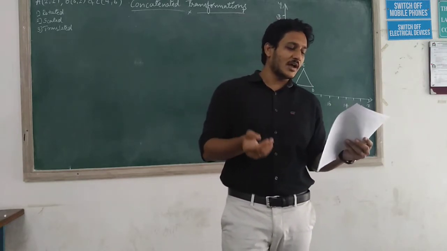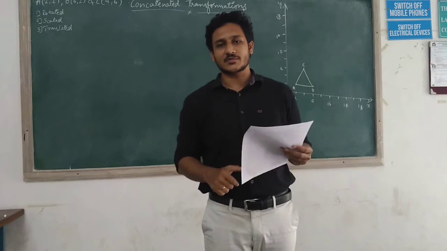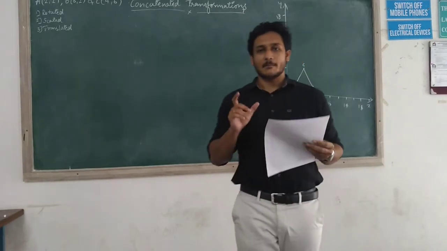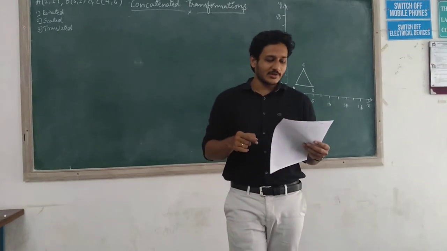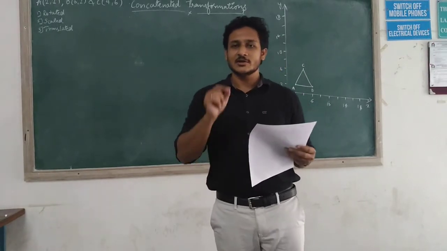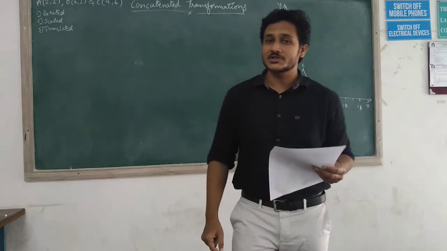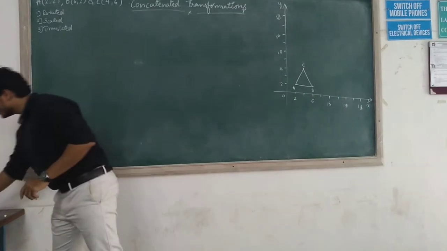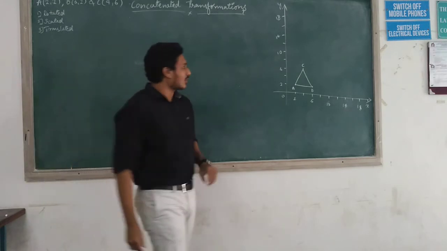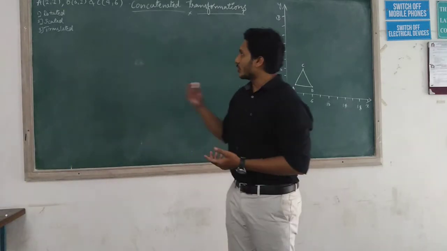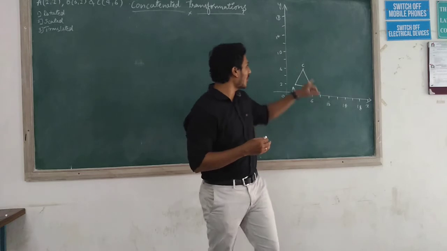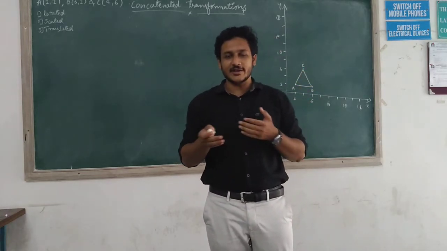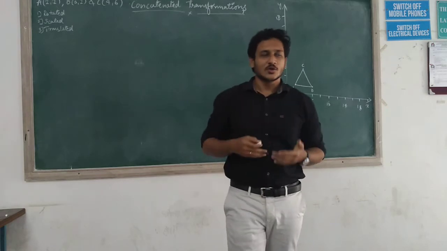After that, we are asked to find the composite transformation matrix, or the concatenated transformation matrix, along with the final positions of the triangle. So can we start? The triangle is rotated about point C with an angle of 35 degrees counterclockwise.